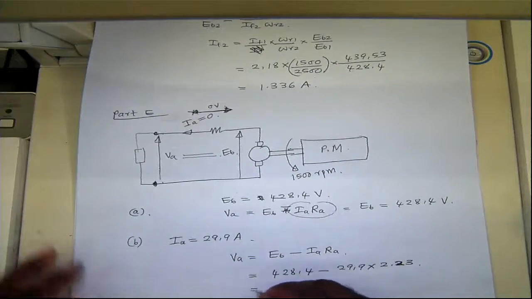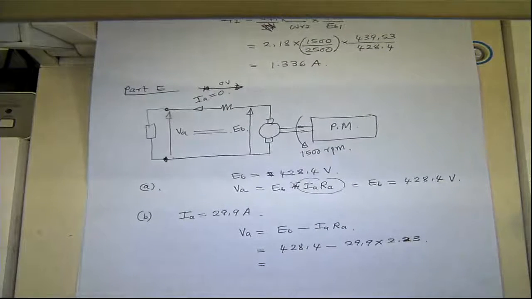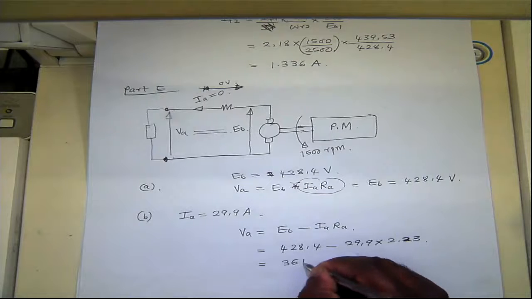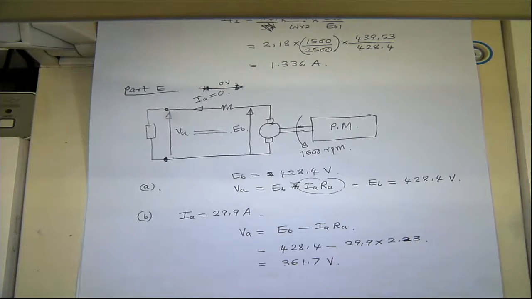So this is the voltage you'll have at the terminal of the armature, which is 361.7 volts.